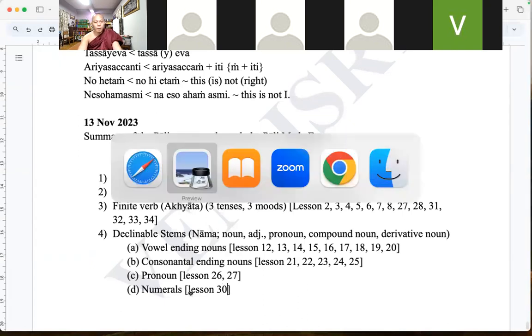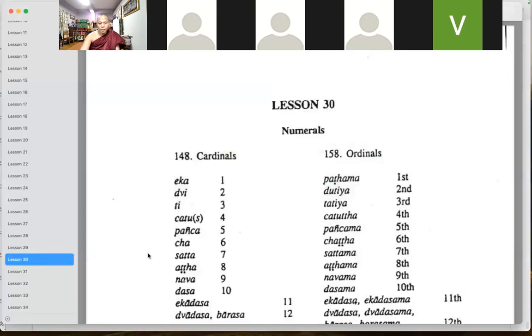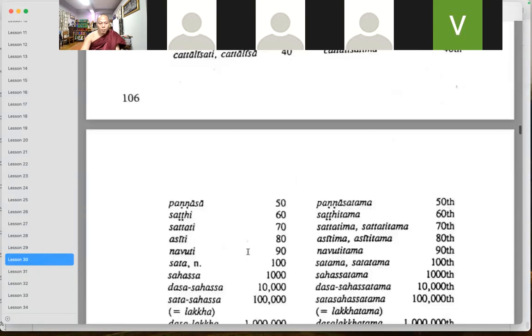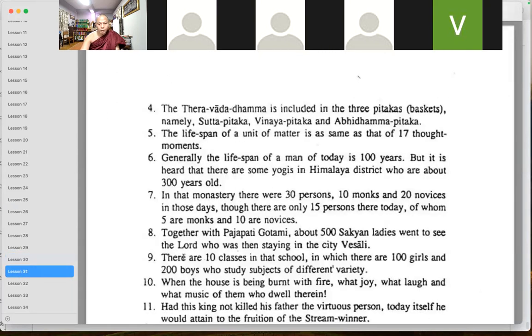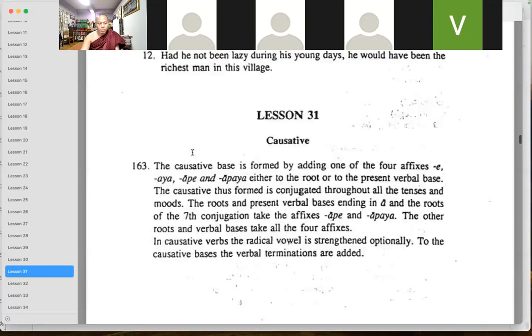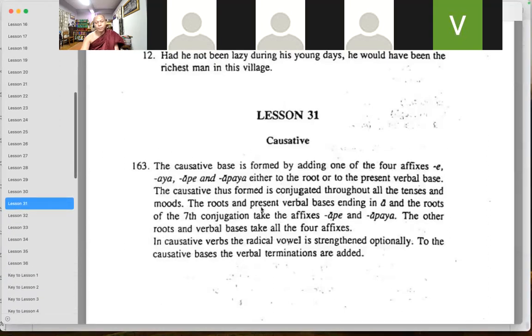So lesson 13 is about the numerals. Maybe lesson 31 is causatives already, 32, 33, 34, 35.